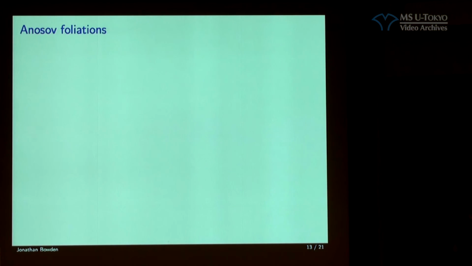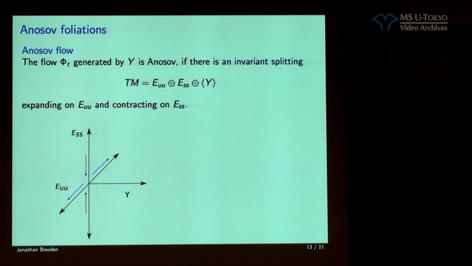the foliations I mentioned, of course, were very special. I've given it away a few times. They're coming from Anosov flows, so I'm not a great expert. There are many people who are much more expert than me with these things. Just to remind you, a flow is called Anosov when you can decompose the tangent bundle as the flow direction, and complementary to that, two one-dimensional distributions that span the complement, that are invariant under the flow, and in one direction it's contracting, the stable direction, and expanding in the other.